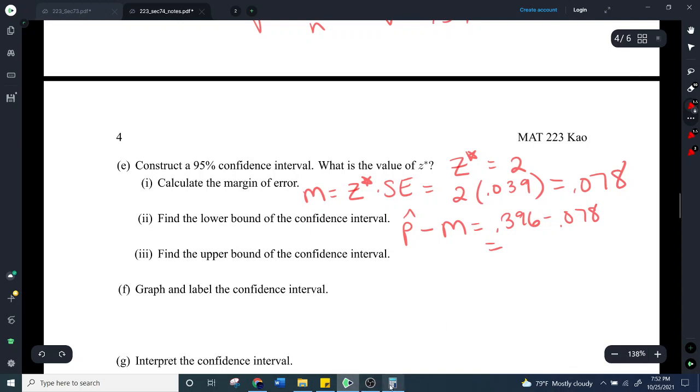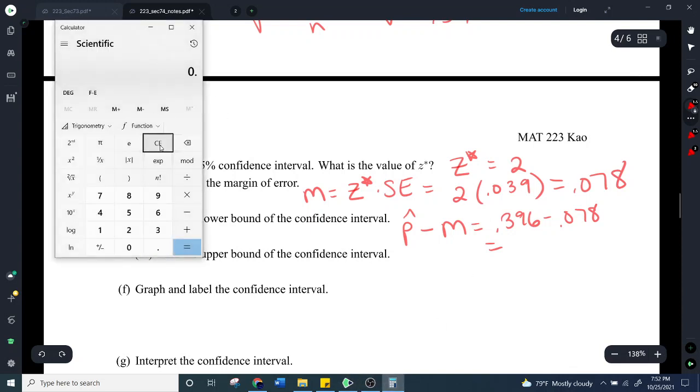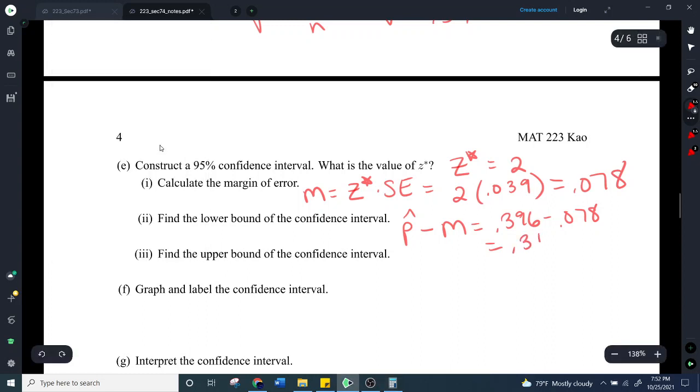So let's get that number. 0.396 minus 0.078, and I get a lower bound of 0.318. My upper bound, we're going to do the same thing, but we're going to add the margin of error this time.